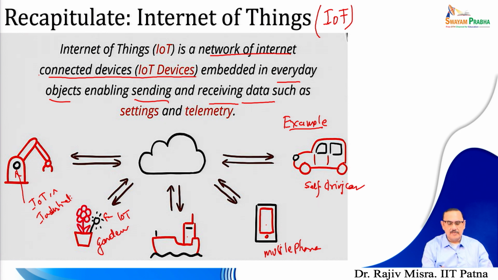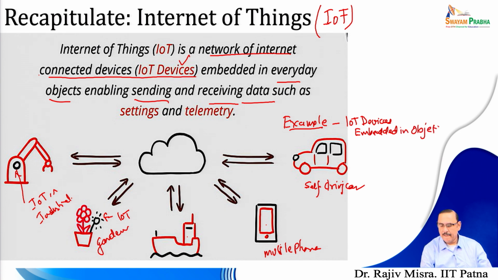So, these Internet of Things devices which are embedded in these objects, IoT devices embedded in the objects, thereby enabling these objects for sending and receiving the data such as the settings or telemetry.